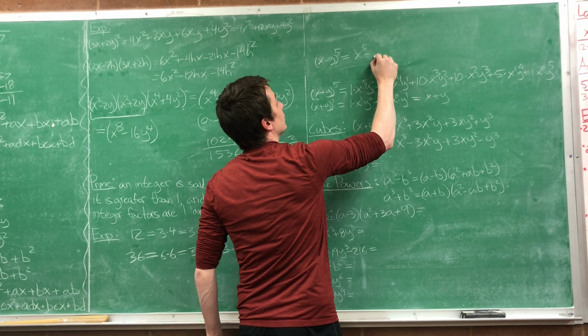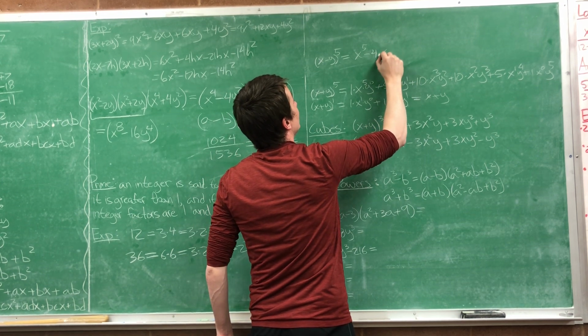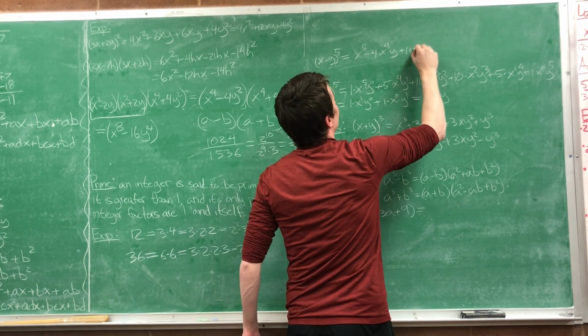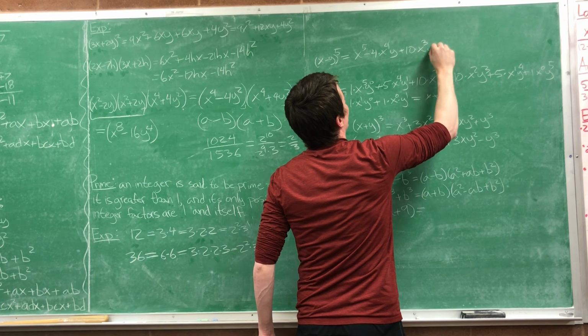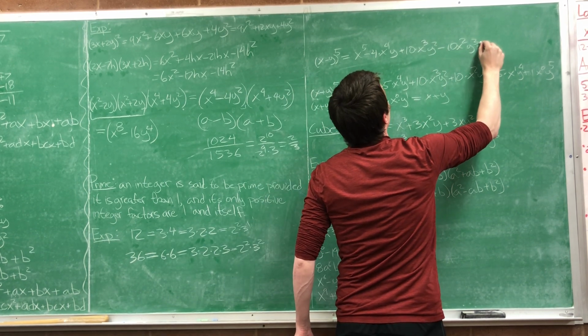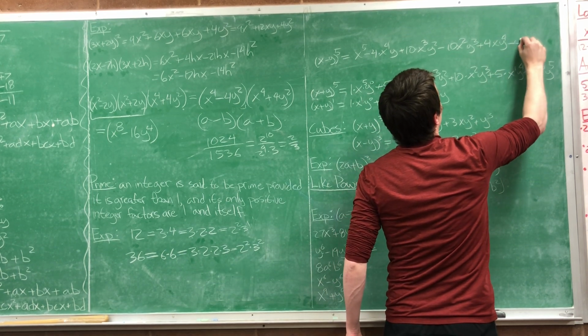Now we do minus, let's see, what was it, 5 times x to the 4 y plus 10 times x cubed y squared minus 10x squared y cubed plus 5x y to the 4 minus y to the 5.